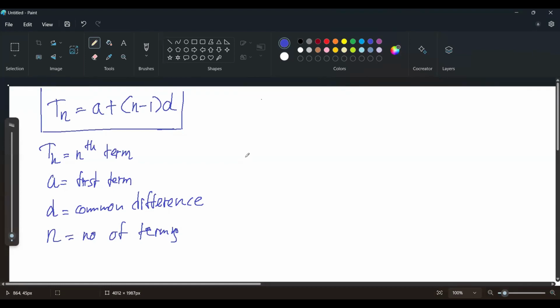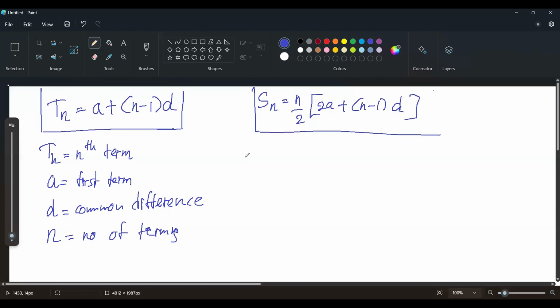And Sn. So Sn equals what? n over 2 into 2a plus n minus 1 into d. Here is the Sn equation. Sn means the sum of the first n terms.